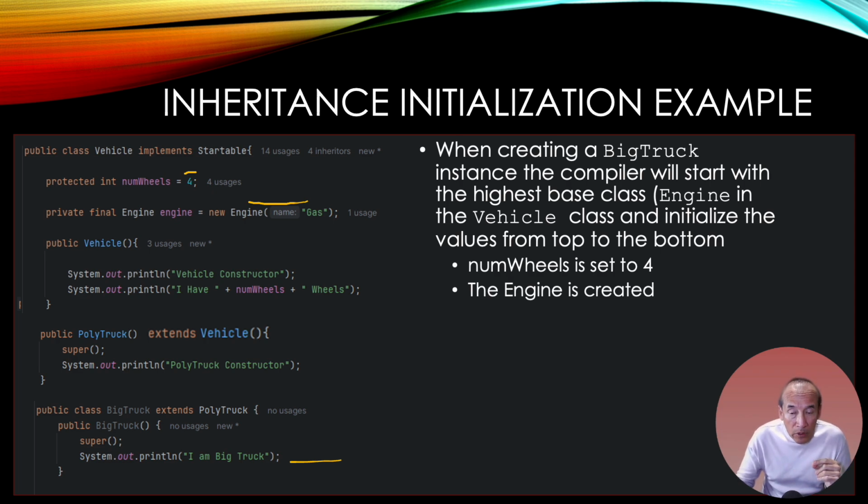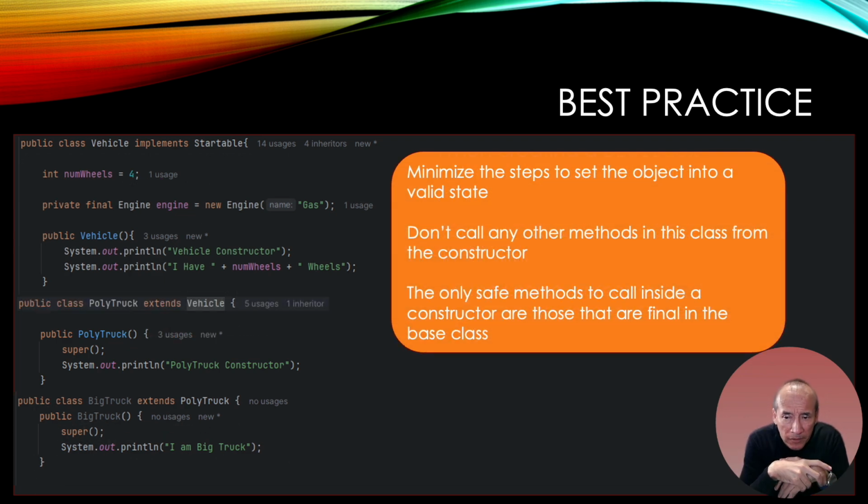Your constructors really should be careful about assuming what's initialized and in what order. You need to know that your top gets initialized first, and your constructors really should do the least amount possible to construct themselves, and be careful of referring to variables that have not yet been initialized. So what are the best practices here?